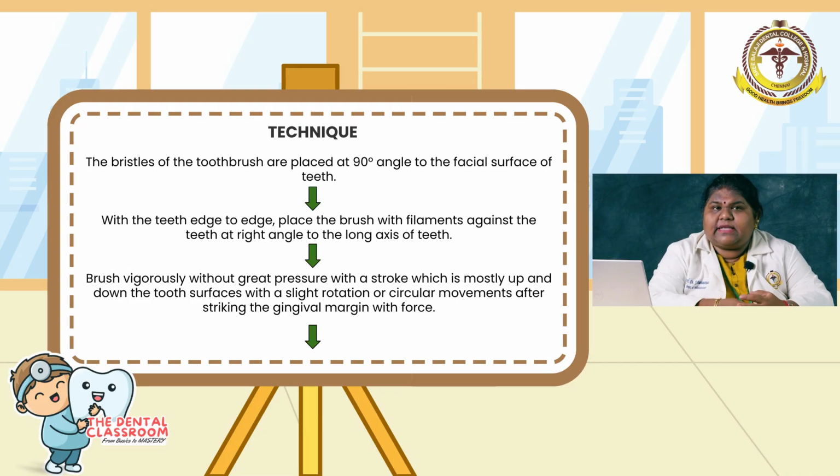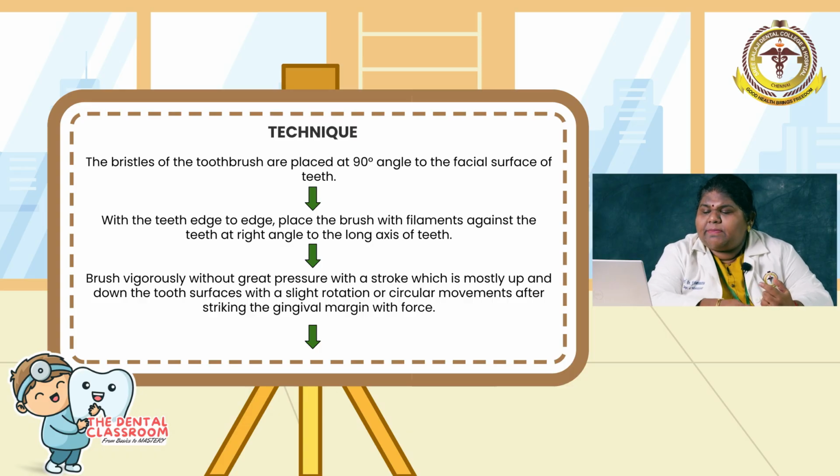So, the technique is that the bristles of the toothbrush are placed at 90 degrees to the facial surface of the teeth. With the teeth edge to edge, place the brush with filaments against the teeth at right angles to the long axis of the teeth.